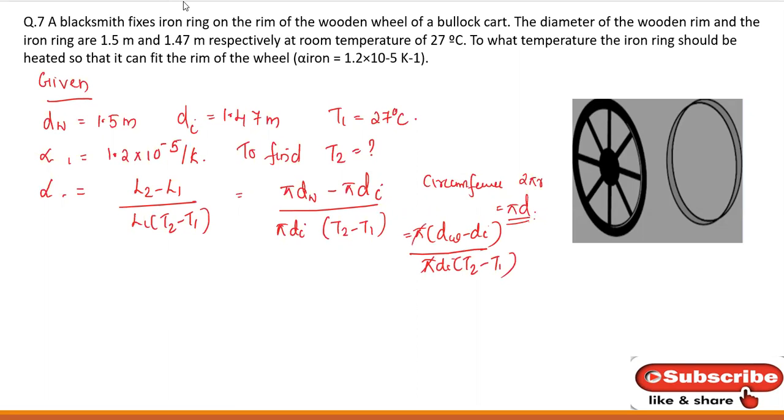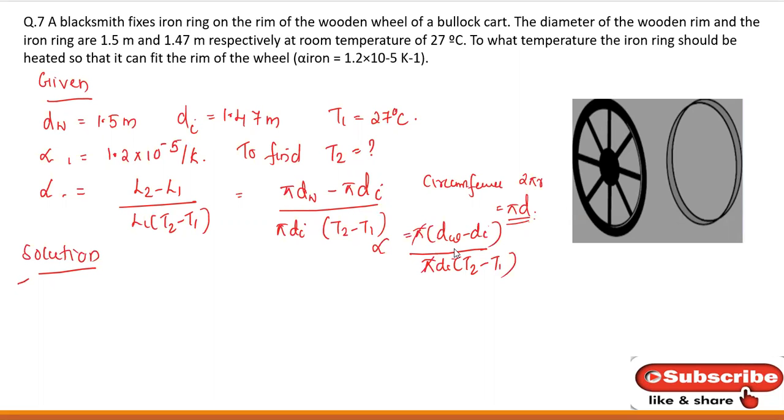Pi will cancel. So we will get dw minus di upon di into T2 minus T1. So alpha is equal to this. On cross multiplying, we will get alpha into di into T2 minus T1 is equal to dw minus di.